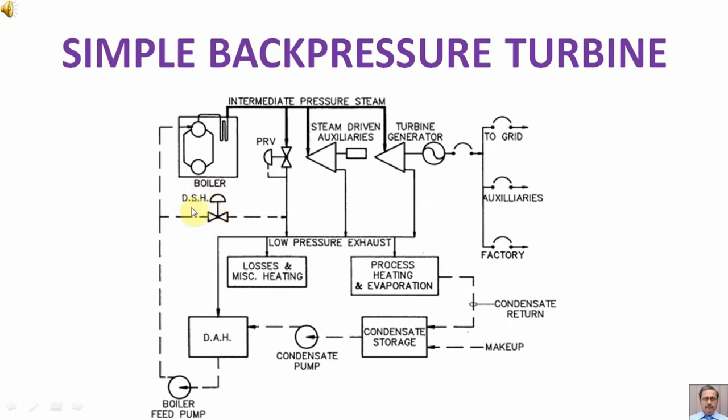The desuperheater is getting water from the boiler feed pump, and the outcome of the PRV and DSH is the low pressure steam, which is being used for process heating and evaporation.